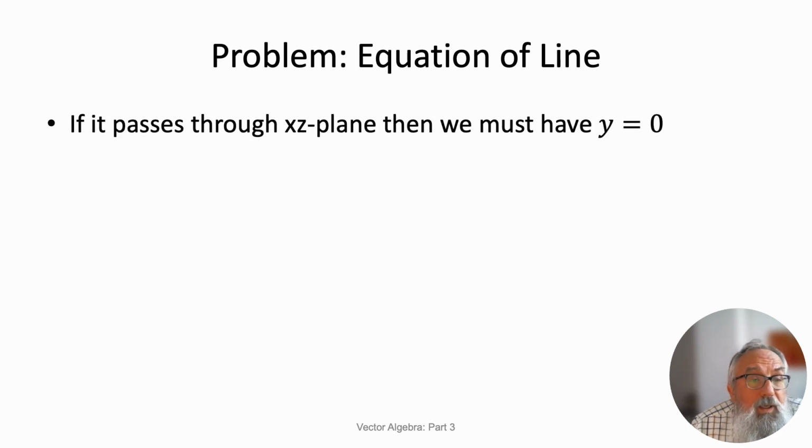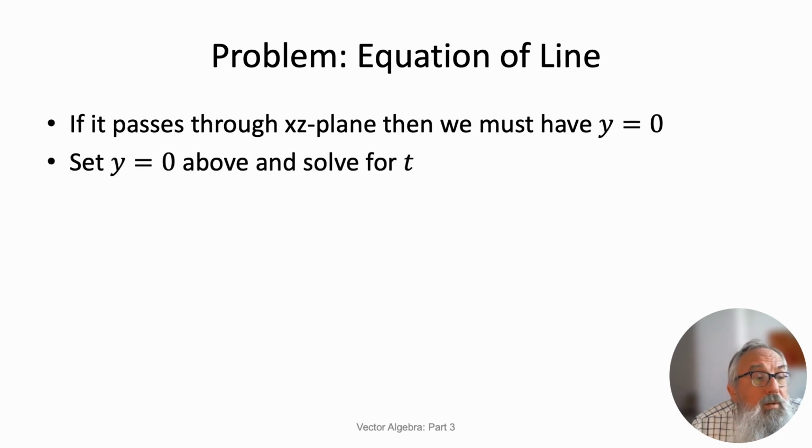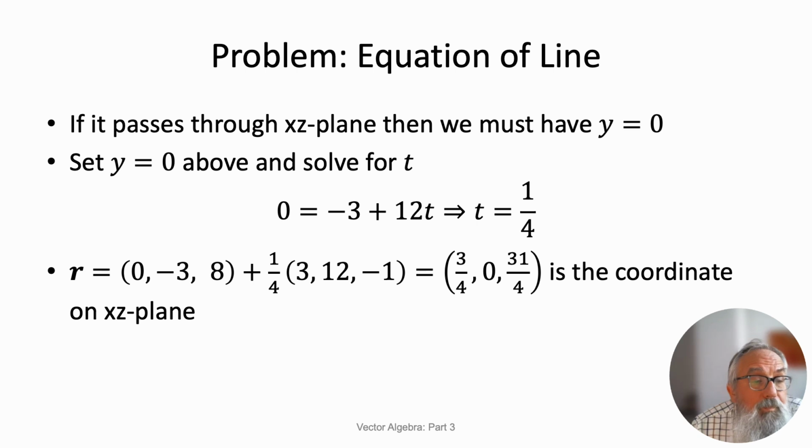If it passes through the xz plane, then we must have y equals 0 at some point. Set y to 0 to solve for t. So we set y to 0, t equals 1/4.